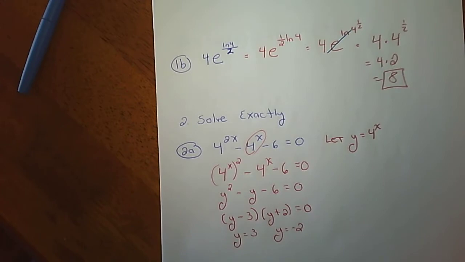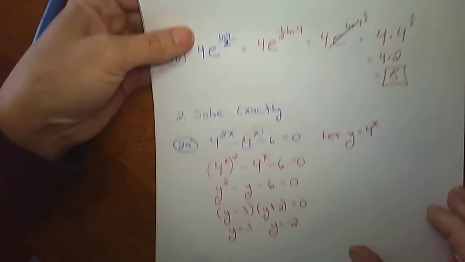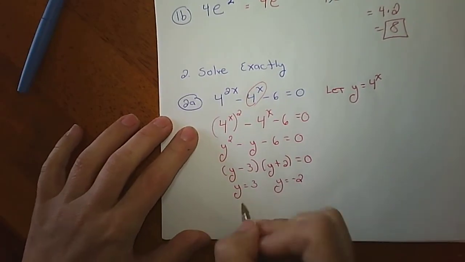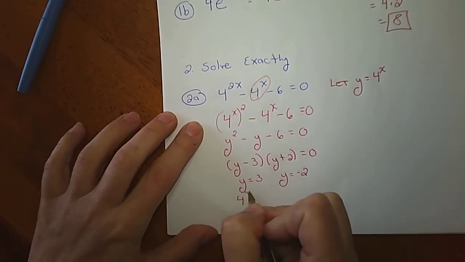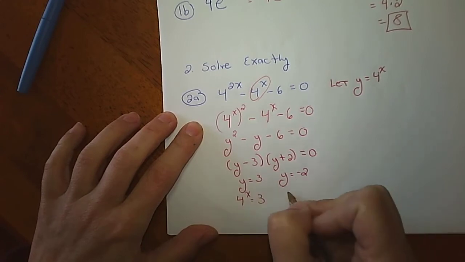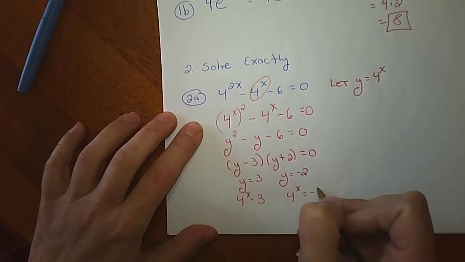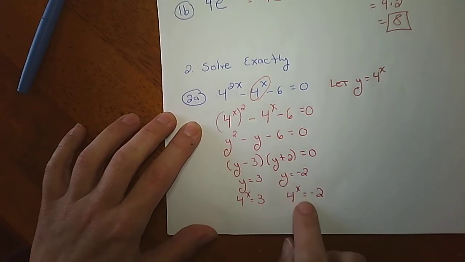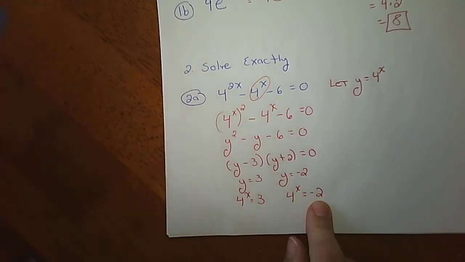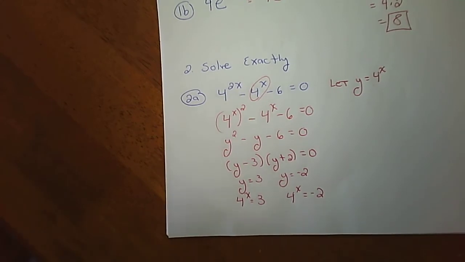All right, now at this point, we've got to bring back in our original. We can't keep going with the y's. So let's slide this up. Right here becomes 4 to the x equals 3. This one's 4 to the x equals negative 2. Now, there's no way for an exponential function to equal negative 2, or any negative, or 0, right?